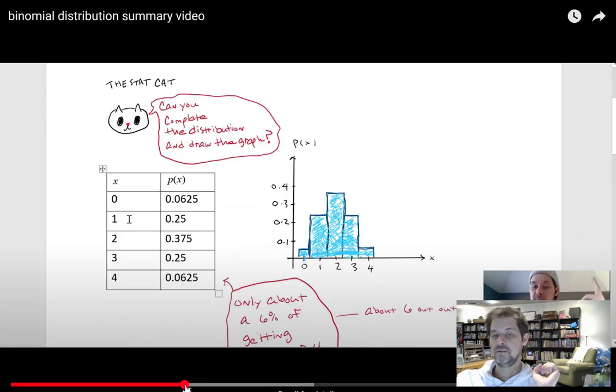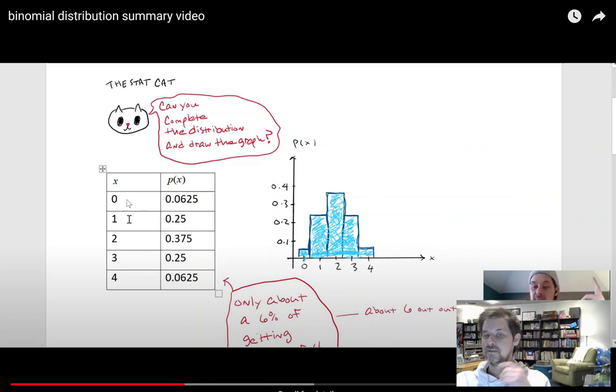The possibilities are that you get no heads, 1 head, 2, 3, or 4 heads out of 4 flips. So we calculate the probability of getting 0 or 1 or 2 and so on. You can do that with a calculator or use StatCrunch, but the graph is just a representation of this.